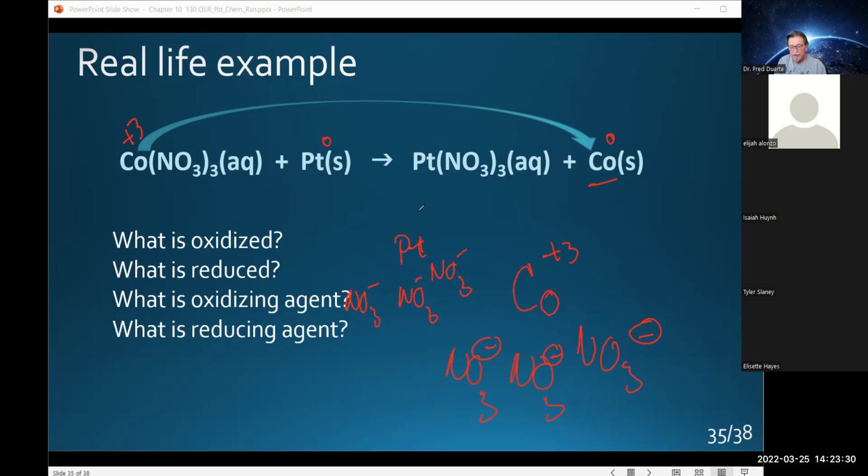Okay, so that implies, like we did with cobalt, that this platinum has to be in a +3 state. Okay, so it went from a 0 to a +3. So that individual lost electrons. What am I saying? Let me clear the mess up here a little bit.